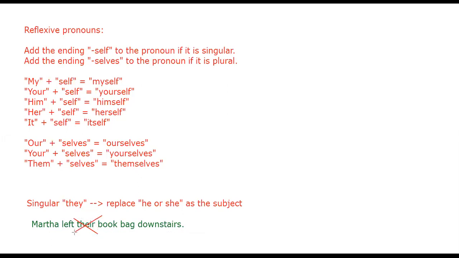You can only use the singular they if the gender of the person is unknown. So to be grammatically standard, it should be Martha left her book bag downstairs. So that's an important point to make.